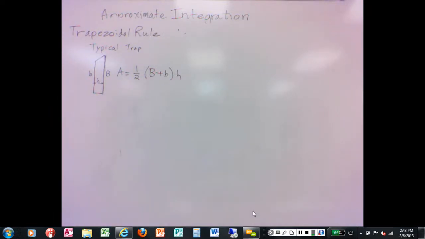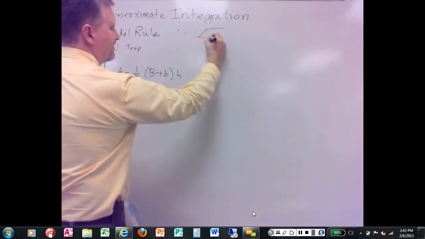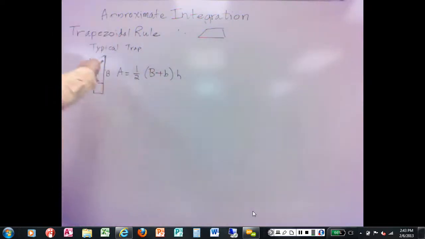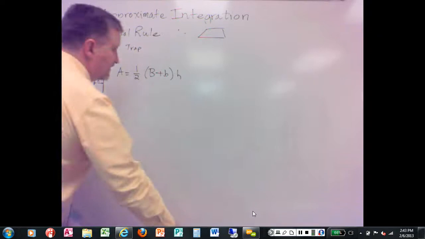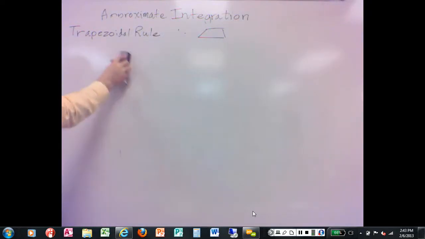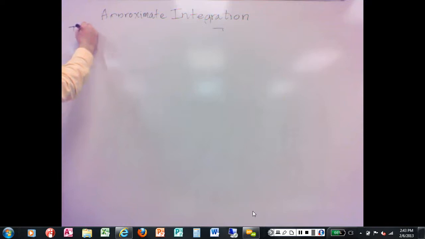A little different orientation than what you usually think of for trapezoids. But ours is turned over, and it actually does have a 90-degree angle in it, but it's still a trapezoid because you've got the parallel sides. This is the way ours will look. Okay, so let's say we get a curve here. I'll erase that.